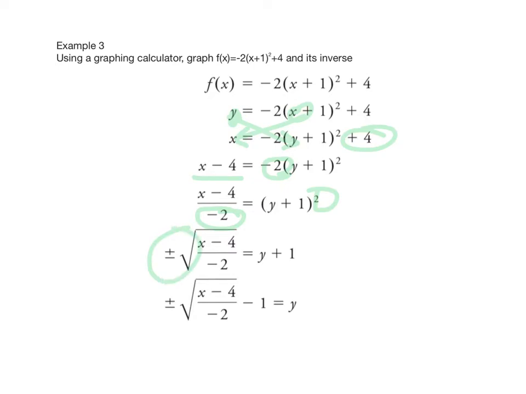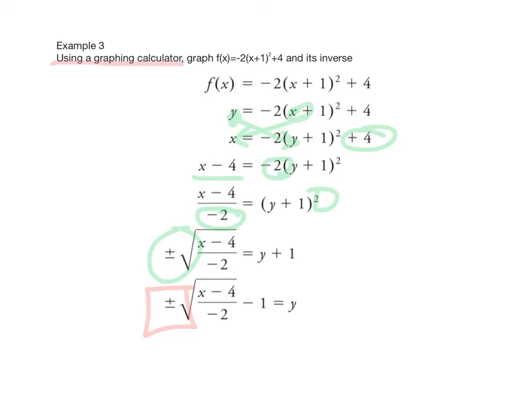Now, this is what I'm really concerned with because we still see plus or minus. In this question, it doesn't ask you to do anything in terms of the inverse of f of x as an equation. It just wants you to use a graphing calculator to graph it.